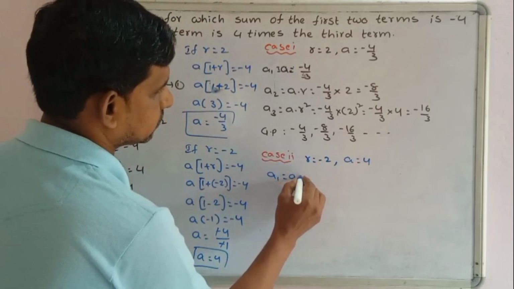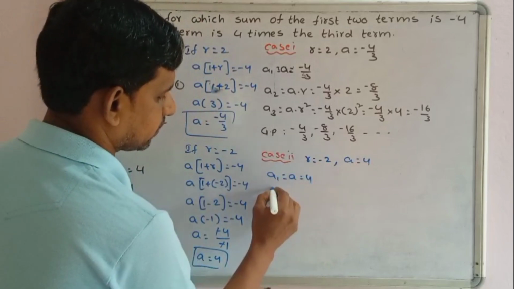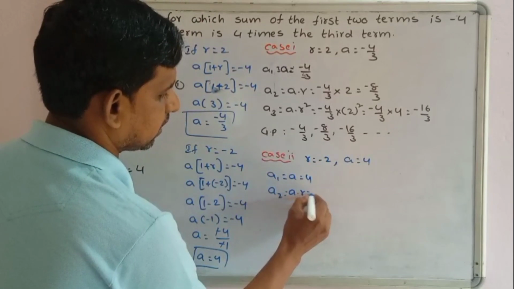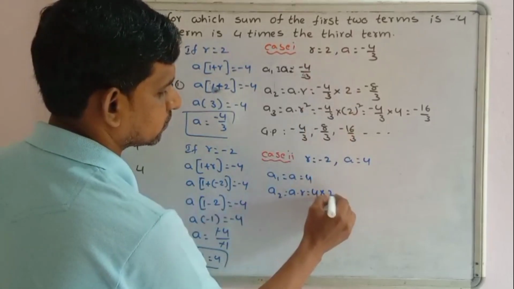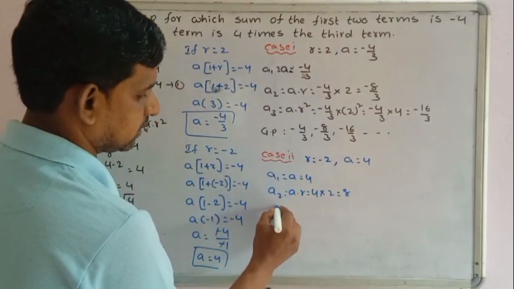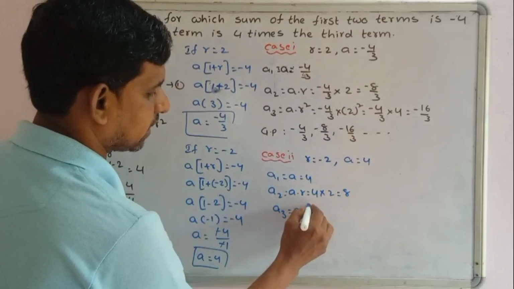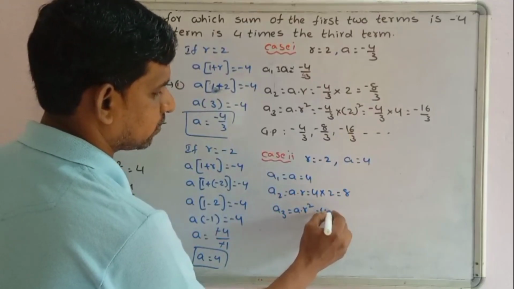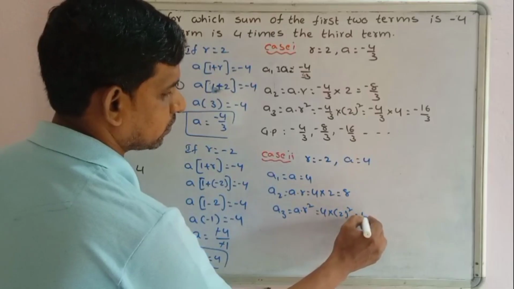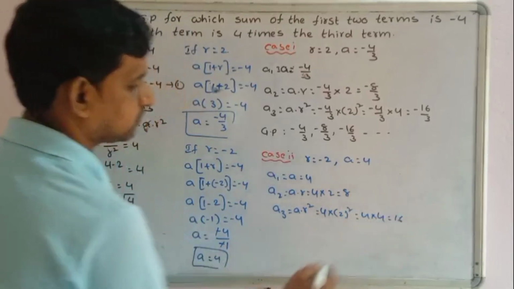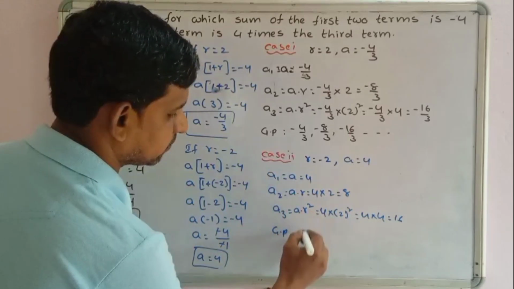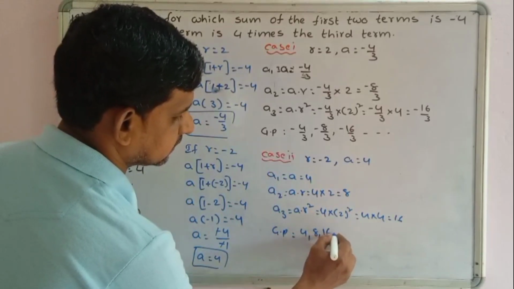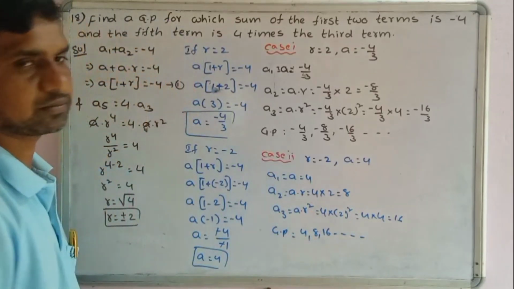First a1 equals 4. a2 equals a times r, so 4 times 2 is 8. a3 equals a times r square, so 4 into 2 square, 4 into 4, that is 16. So what is the GP now? First term 4, 8, 16, and so on.